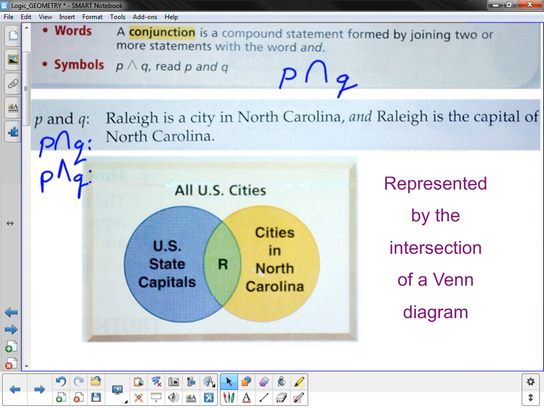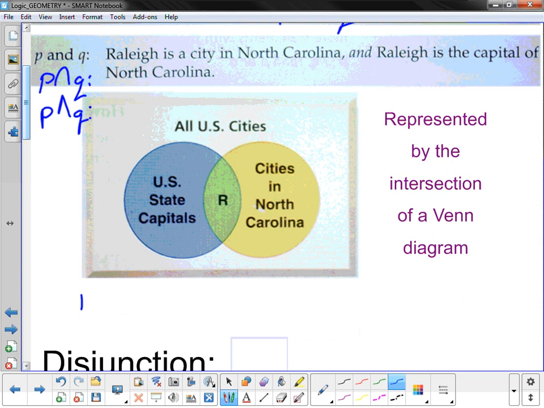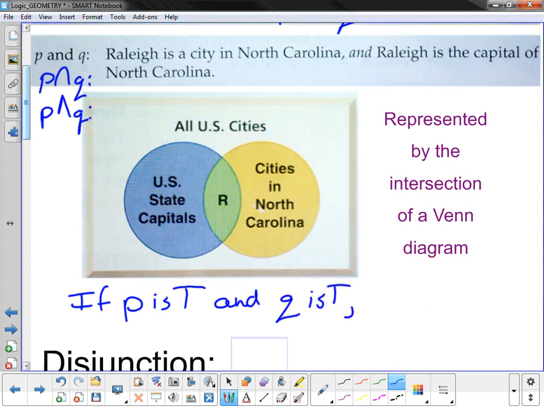Now, the way a conjunction works, if P is a true statement and Q is a true statement, then P and Q is a true statement. So let me write that down. If P is true and Q is true, then P and Q is true.